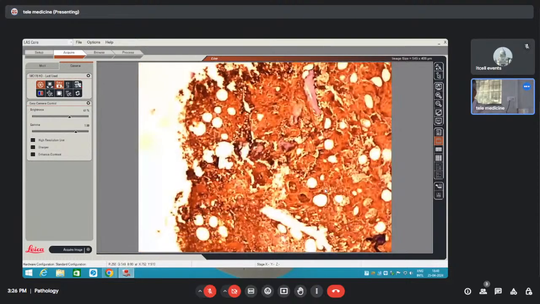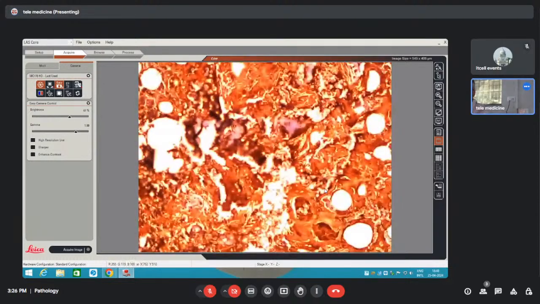See this. Lot of kappa positive, right? This particular thing. So 138 positive, kappa positive. I told her, and she said, I also got kappa and apple green birefringence. So what does that become? It becomes a light chain deposition disease.